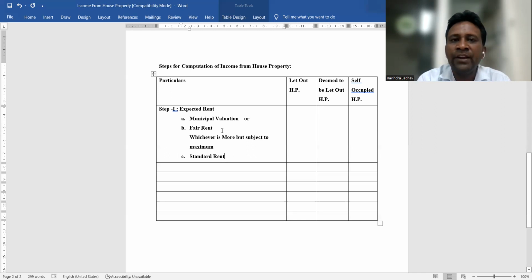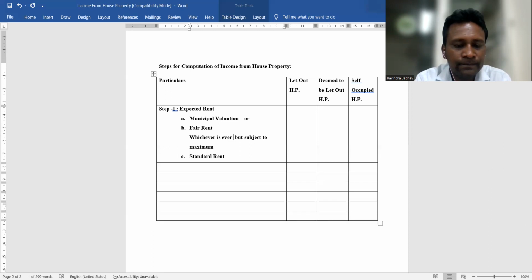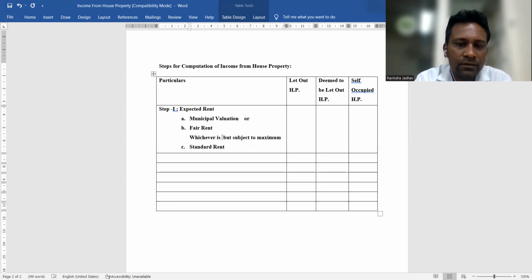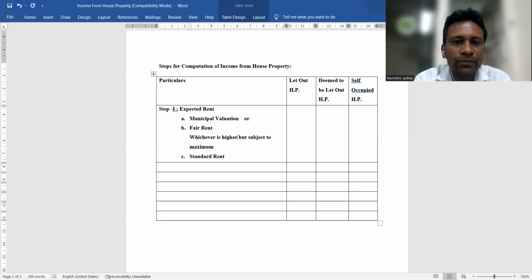Municipal valuation or fair rent, whichever is higher or more, but subject to maximum standard rent. So firstly, we need to compare the municipal valuation and fair rent, whichever is higher.